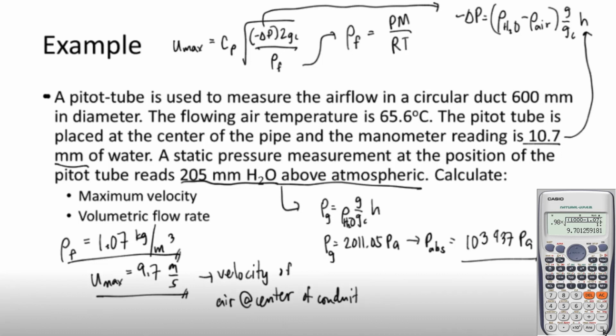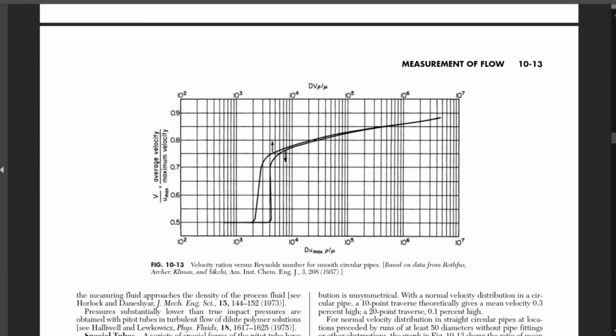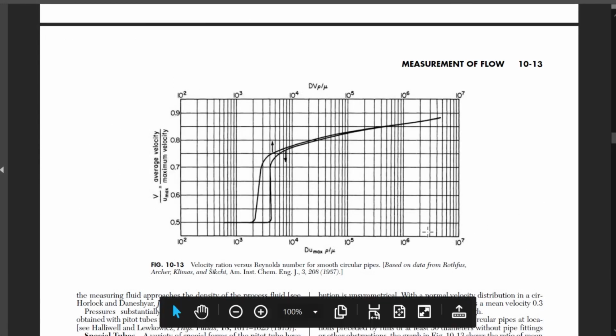Now, as I've mentioned earlier, whenever we are solving for a volumetric flow rate, you cannot use the maximum velocity. So let us go to our graph and determine our ratio. Again, for this graph, we first have to determine our Reynolds number maximum.